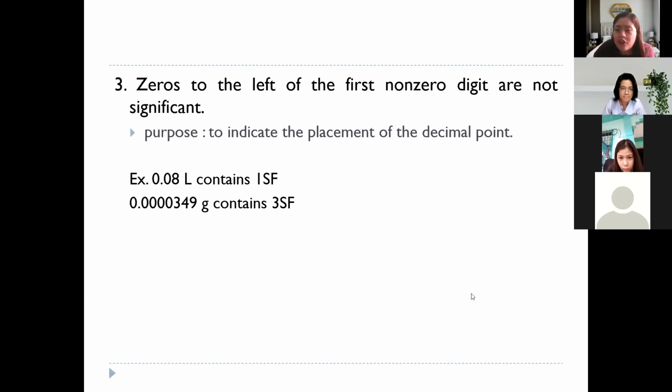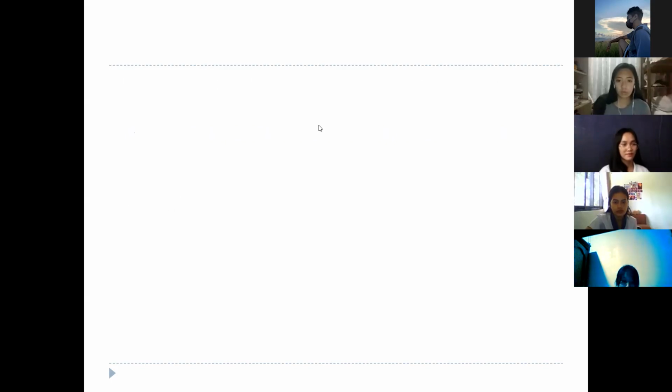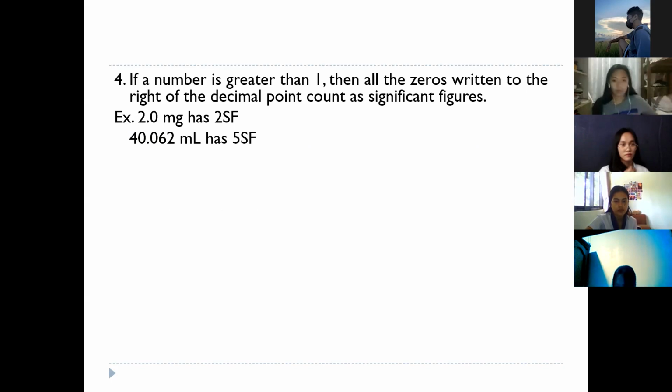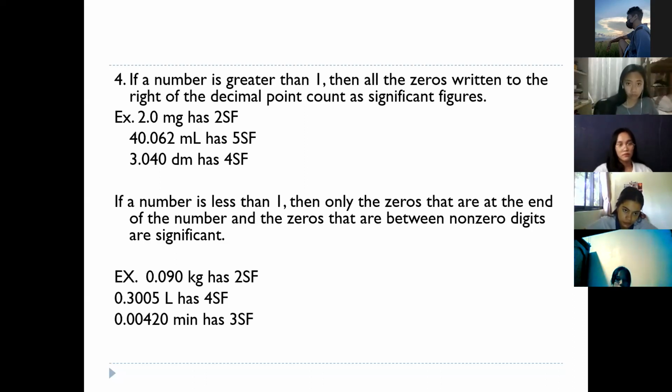Are you copying? Number 4, we have, if a number is greater than 1, then all zeros written to the right of the decimal point count as significant figures. Let me continue until the last part of the slide. It is a bit long, since this is from the book.